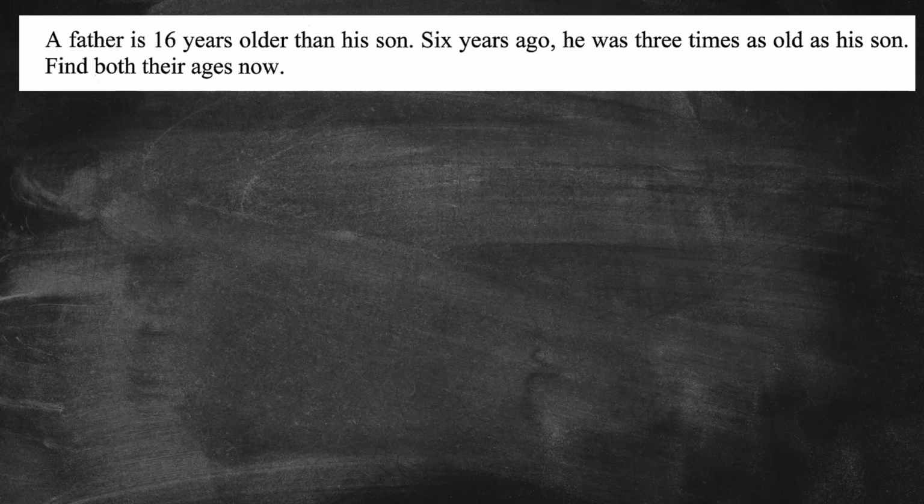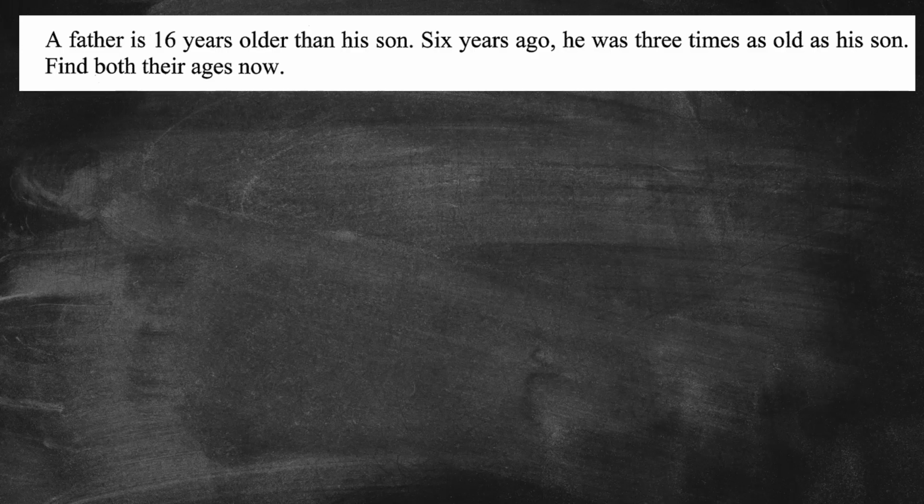Okay, this one. A father is 16 years older than his son. 6 years ago, he was 3 times as old as his son. Find both their ages now. Okay, so this is maybe daunting, but when we organize all the information and make something x, then it becomes quite doable.